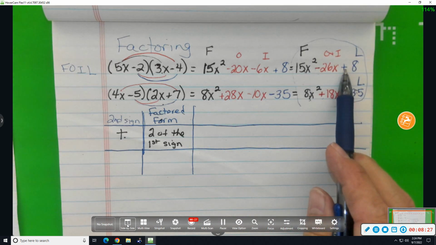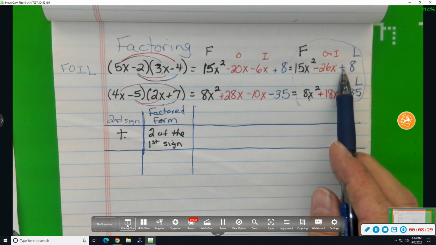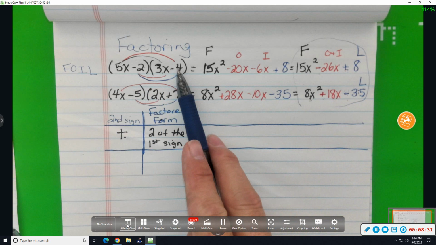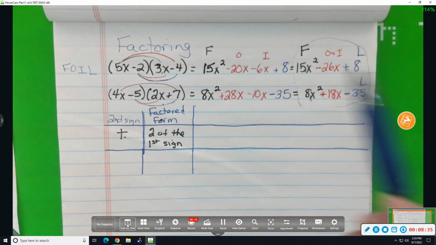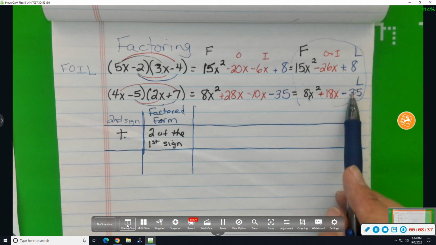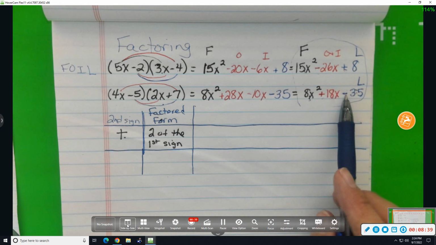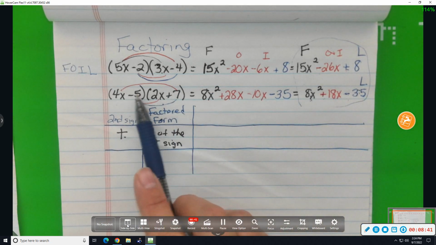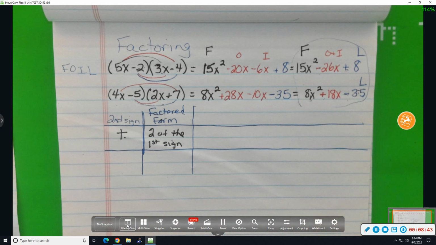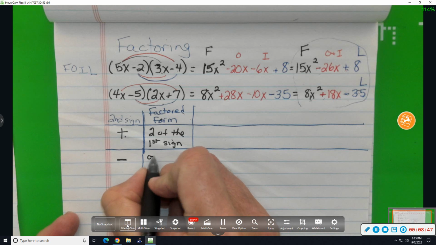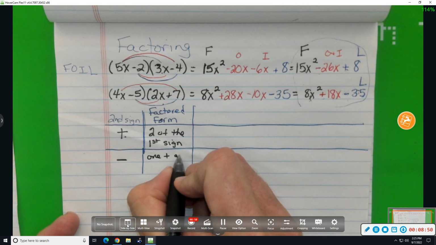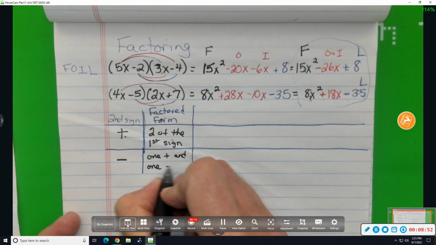The only way you could have a positive number there at the end is if you had either negative times negative or positive times positive. Whereas if you have a negative last number, the only way you're going to get two numbers to multiply and give you a negative is if you have one plus and one minus.